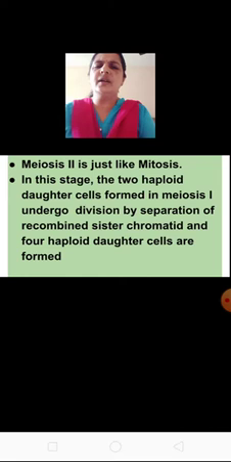Under prophase 1, there are 5 steps. One is leptotene, zygotene, pachytene, diplotene, diakinesis. Only the names of it you can learn: leptotene, zygotene, pachytene, diplotene, and diakinesis.